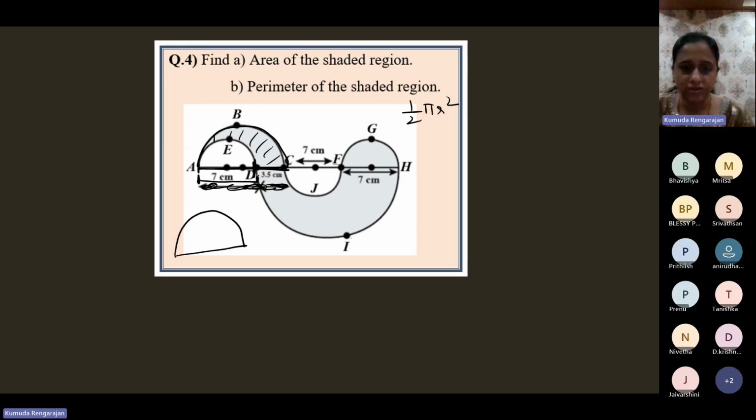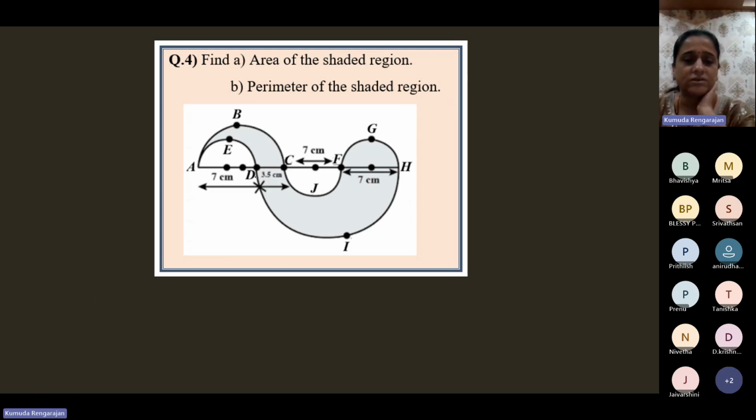So the radius will be 10.5 by 2. Minus the area of this semicircle, again half pi r square, but the diameter is 7, so the radius will be 7 by 2.